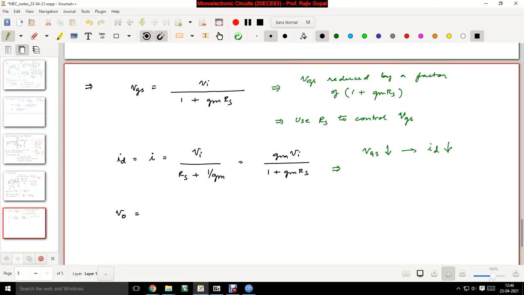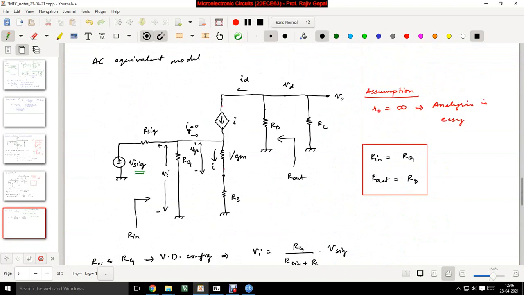If I apply KVL, V naught and VD are both the same, so I don't have to worry. V naught I can write as minus I into (RD parallel RL).